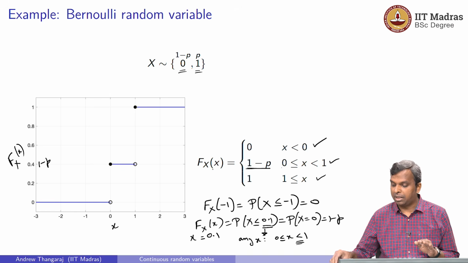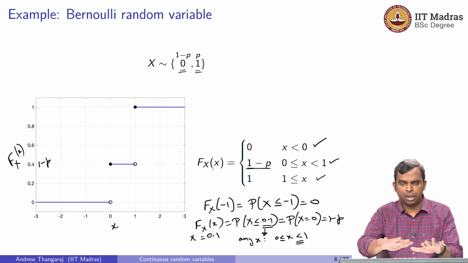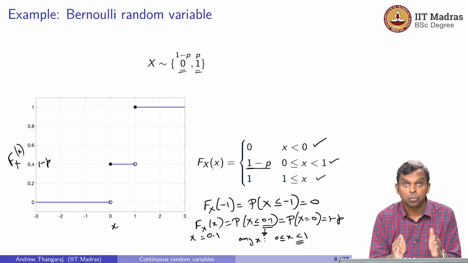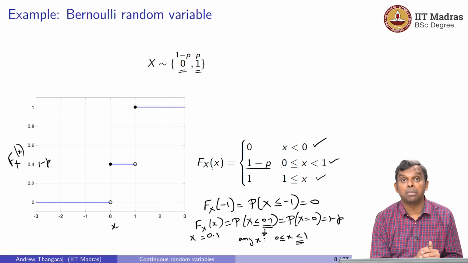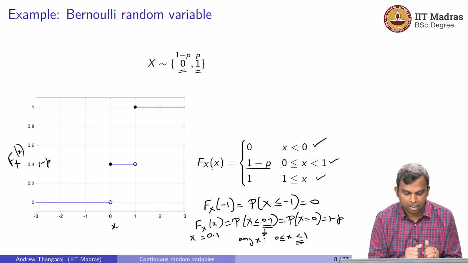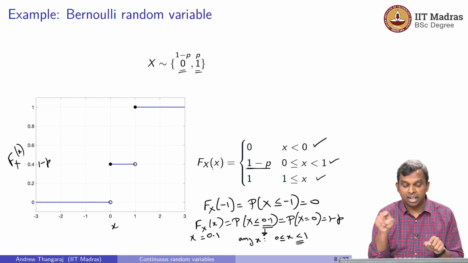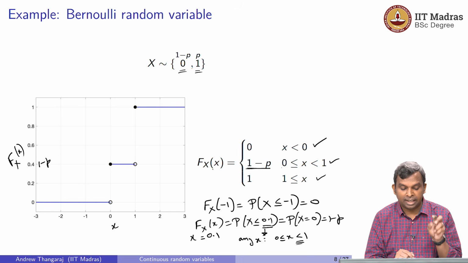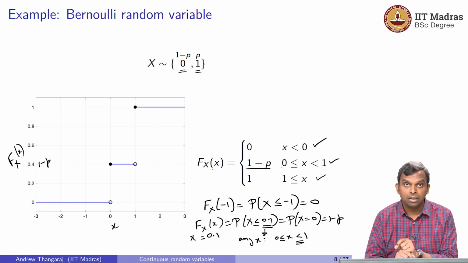So this picture is very nice to keep in mind. If you forget about everything else, and somebody gave you this picture, you learn a lot about the random variable, right? Looking at this picture, I know that the random variable is discrete. It takes two values: 0 and 1, right? It takes the value 0 with probability 1 minus p.